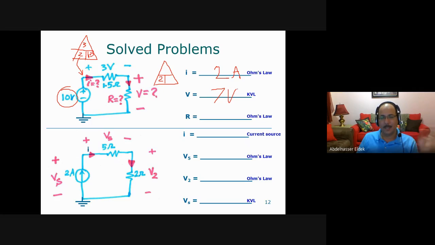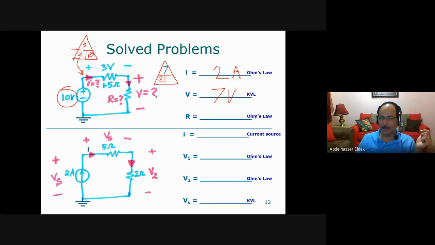Why? Because again, the source is 10 volt. One resistor has 3, then the second one has 7 volt. That's it. Done. So now you know this voltage is 7 volt, and you can apply Ohm's law.